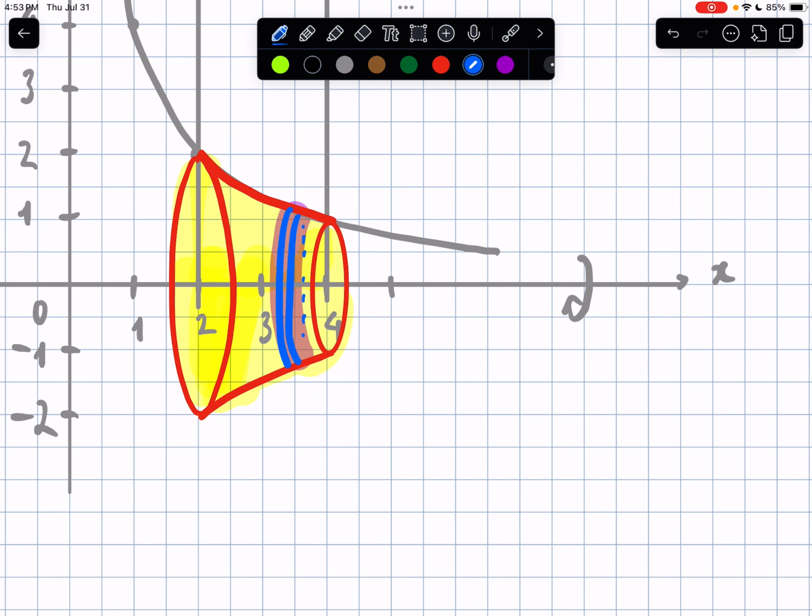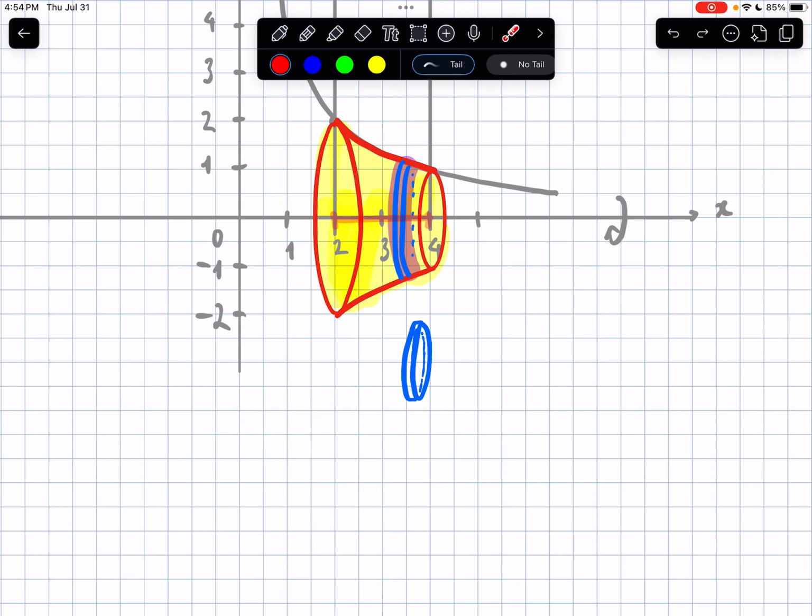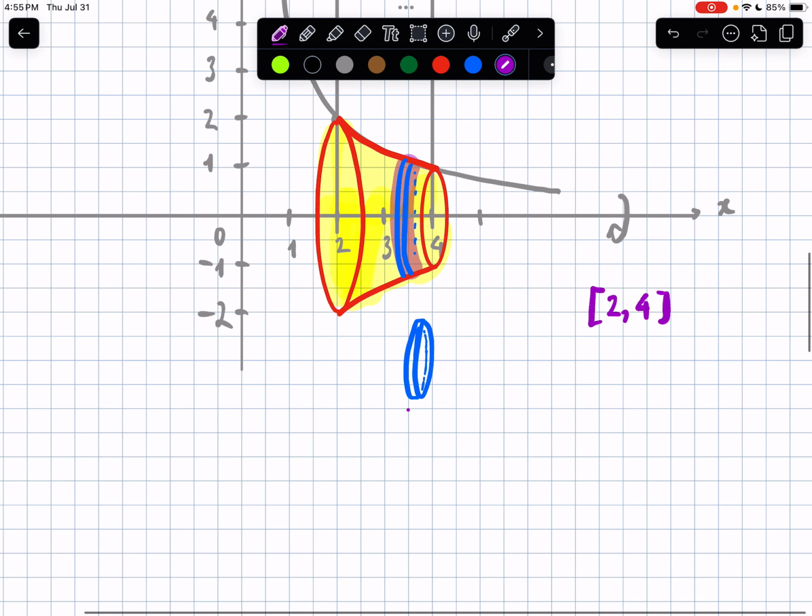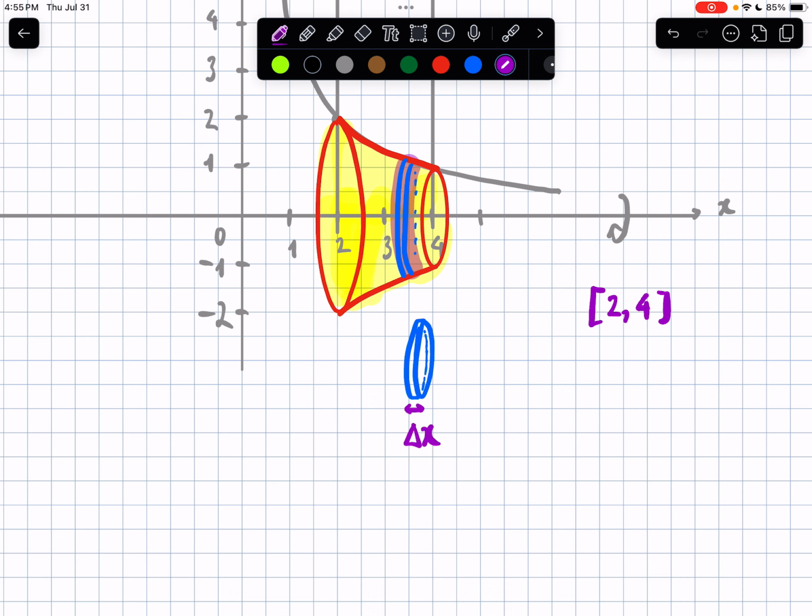So one piece could look like this if we chop it thin enough. So if we have the segment from 2 to 4 and we do a partition, then we cut it into small pieces. Each piece has width delta x, and if delta x tends to 0, so if this cylinder is so thin, this becomes dx.